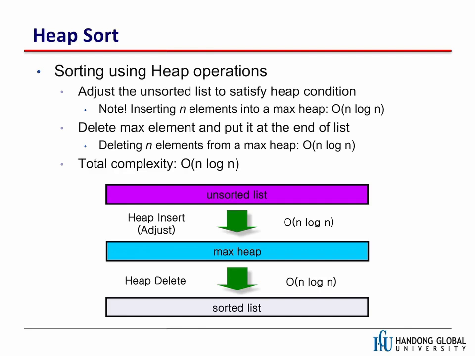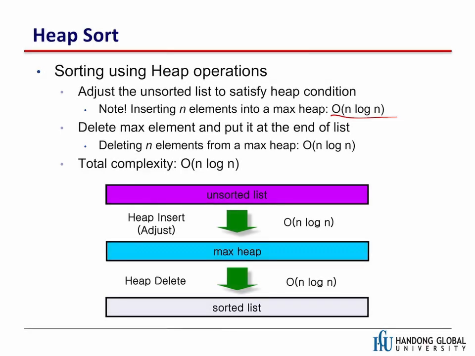Okay, so we have a max heap, and remember, to insert all the elements, it takes n log n. Now, we're going to delete one element at a time, and actually we're going to delete the maximum element, which is the root node.